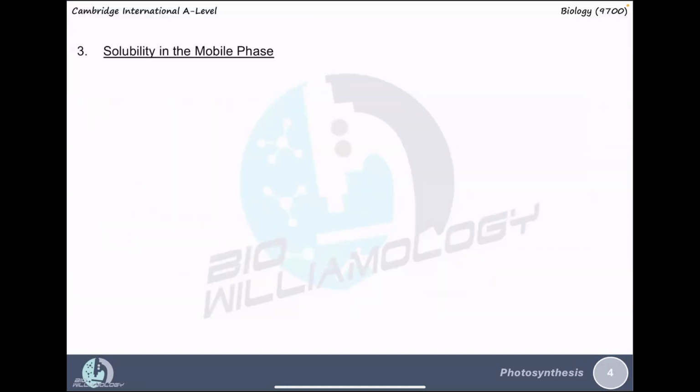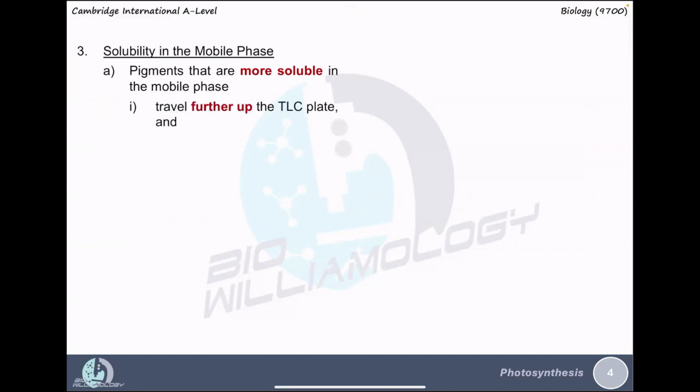So what is meant by solubility in the mobile phase? The pigments that are more soluble in the mobile phase will travel further up the TLC plate or TLC strip, and therefore they also move faster with the solvent front.